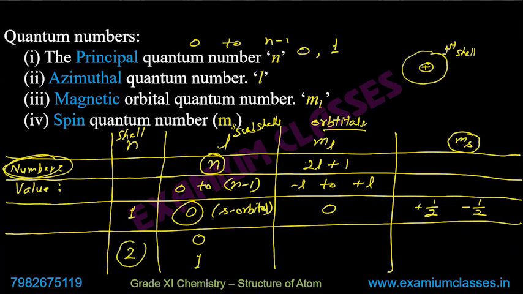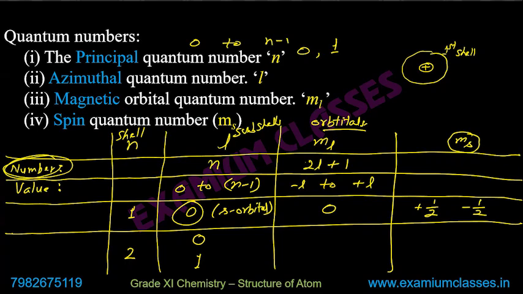Here 2 is the name of the shell, in the sense that we have assigned the second shell the name 2, but here 2 will be the number, the count. So in the second shell there will be 2 subshells. The value will be from 0 to 1, because the value starts from 0, so obviously it cannot go up to 2. It will be from 0 to 1 only.